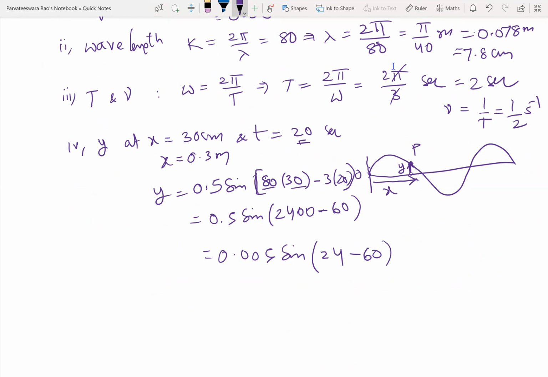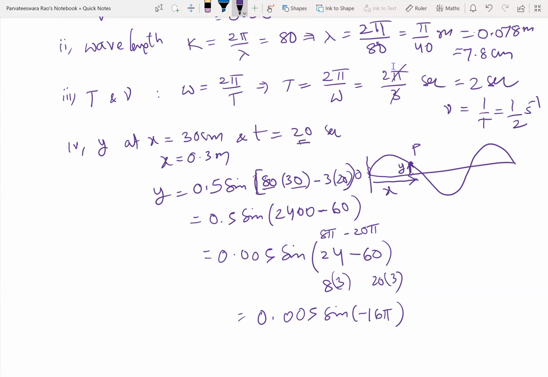So this can be written as 8 into 3, and this can be written as 20 into 3. So you can write it as 8 pi, 3 is approximated to pi, minus 20 pi. Therefore, this becomes 0.005 sine minus 16 pi, correct?